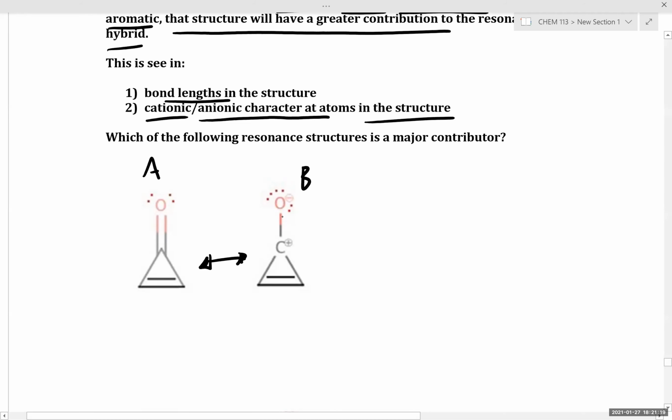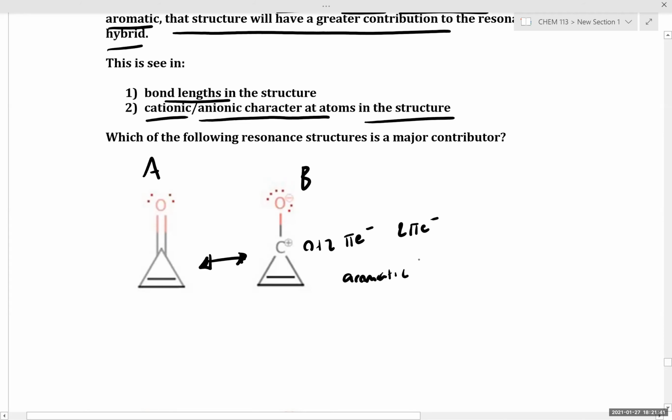For example, if we look at B, we notice it has 0 plus 2 pi electrons. So if we have 2 pi electrons, what does that tell us? Is that aromatic or anti-aromatic? Aromatic. Yep, 2 pi electrons is an aromatic system.